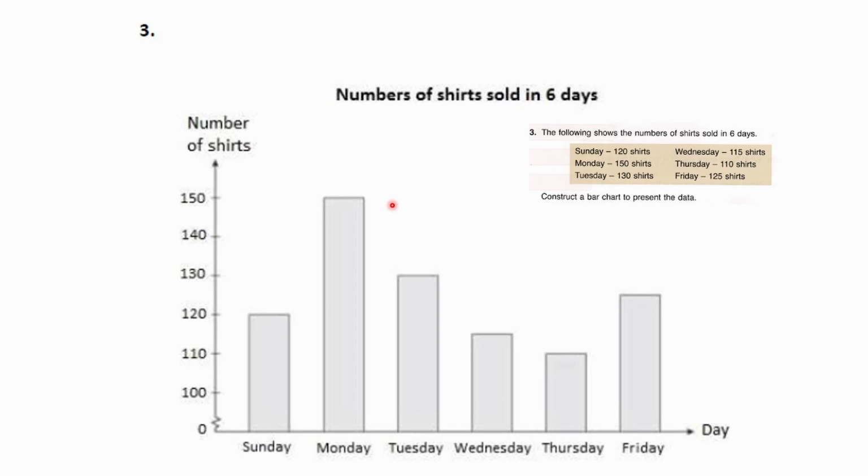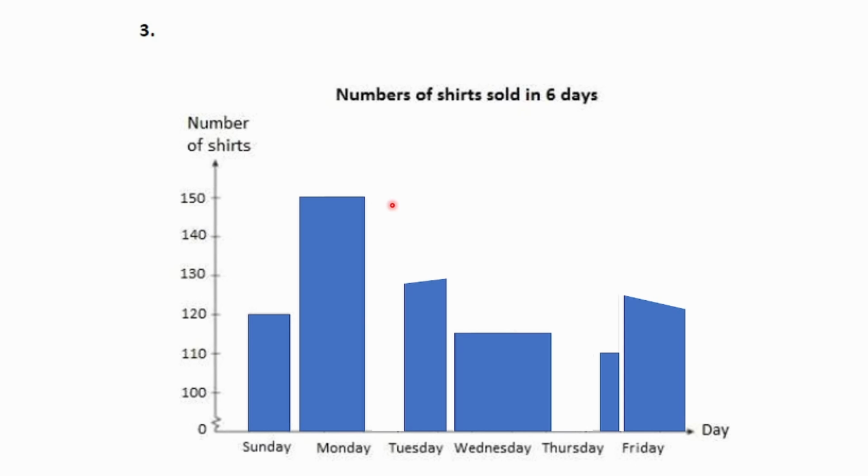If you don't make the spaces equal and the bar width equal, then it will look like this. It will look messy. This does not look very nice, does it? We don't have a straight line here. This is much wider than all of the others.